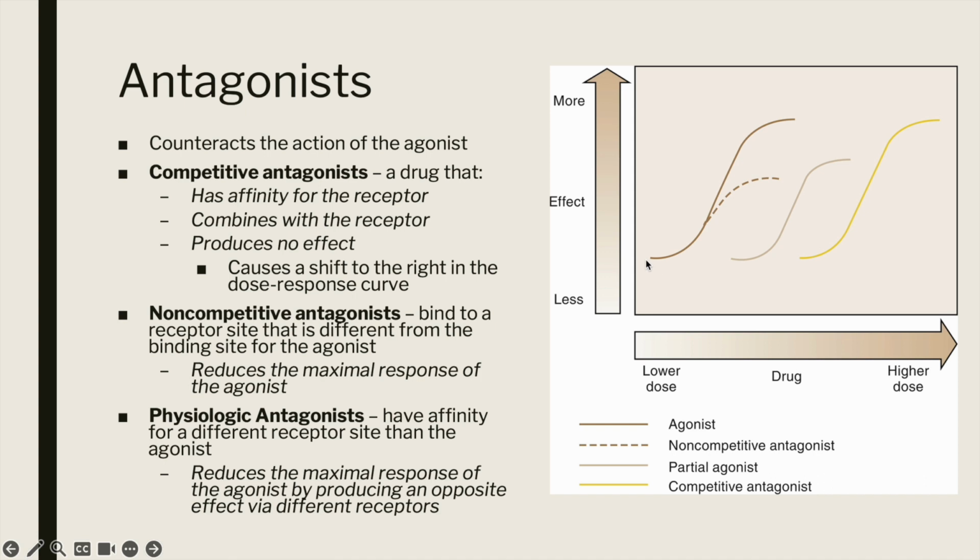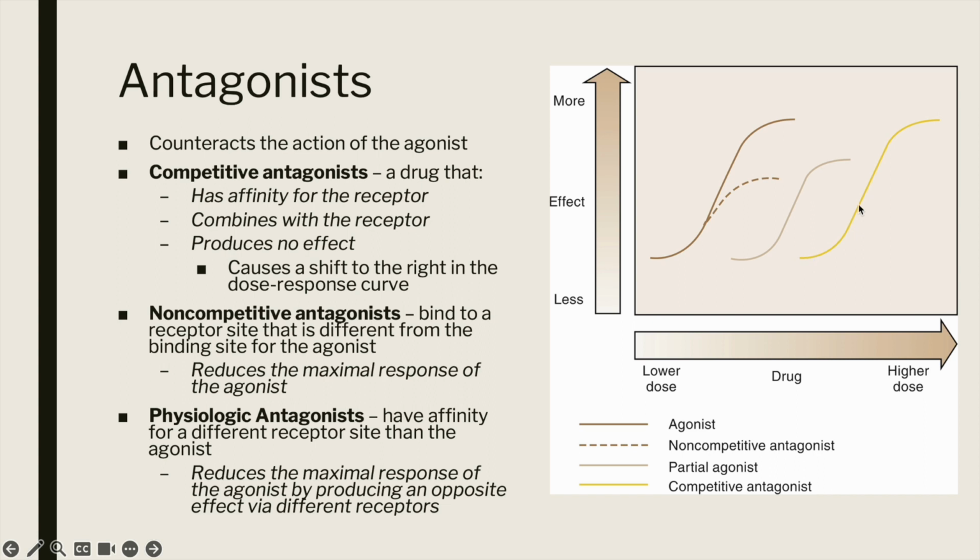So let's say you have an agonist, a drug that's going to produce an effect, and this is its log dose effect curve right here. It takes X amount of drug, a low dose, in order to produce its effect. If you have a competitive antagonist in the mix, this curve for the agonist is going to shift to the right, because you have a competitive antagonist competing for receptor sites of this agonist.